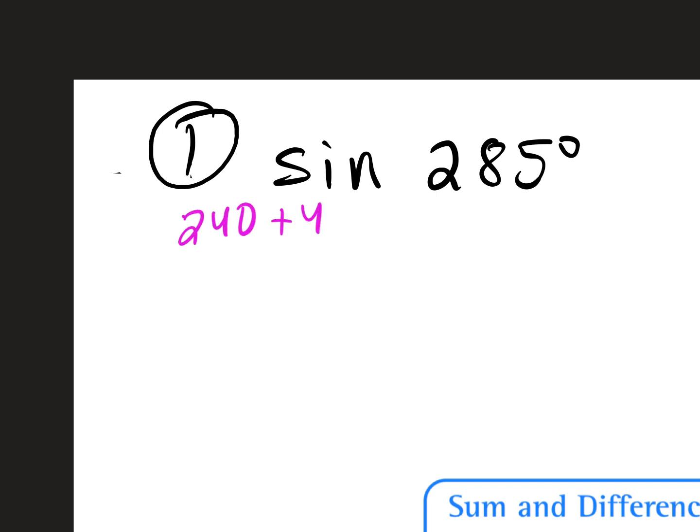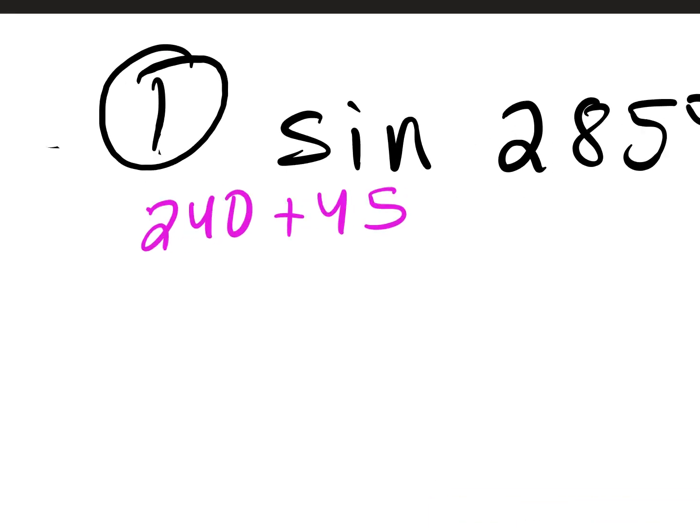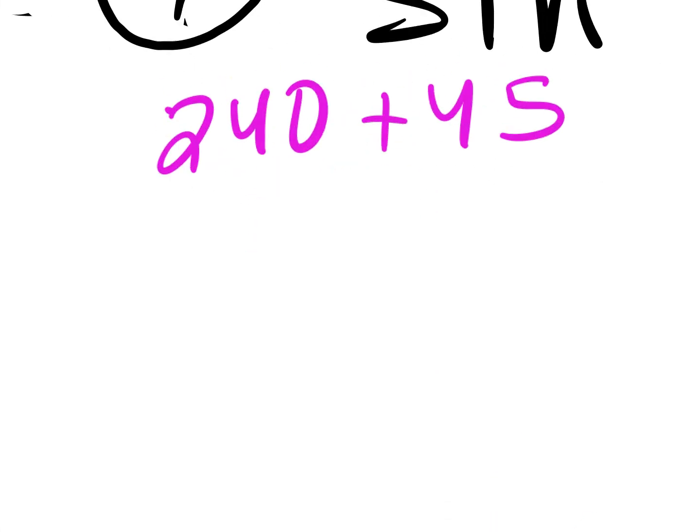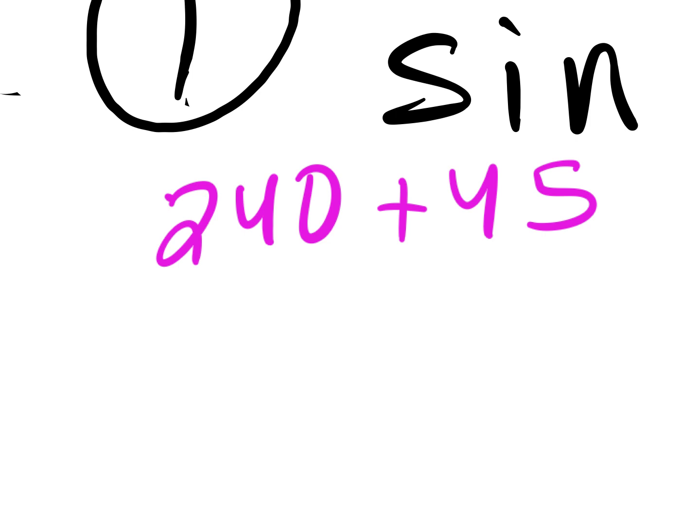Does it have to be those 2 angles? No. You do whatever you want, as long as it's on the unit circle and it equals the angle you're looking for. So this is going to be my U, whatever the first angle is in the formula. What are these letters in here? U and V? Okay, so this is my U, and this is V. What's the ordered pair at 240?